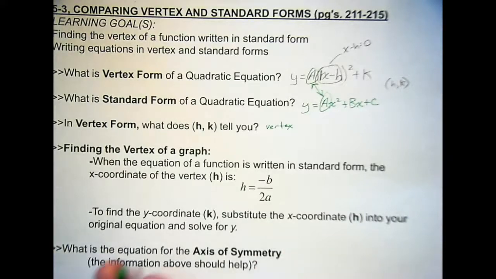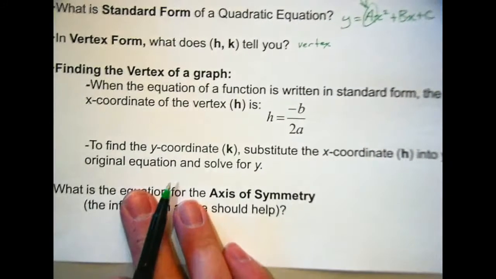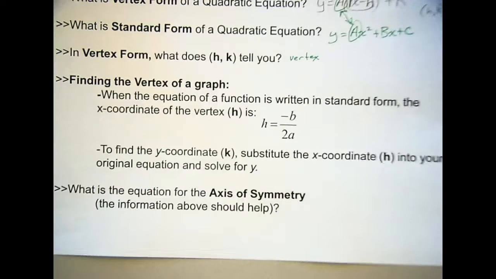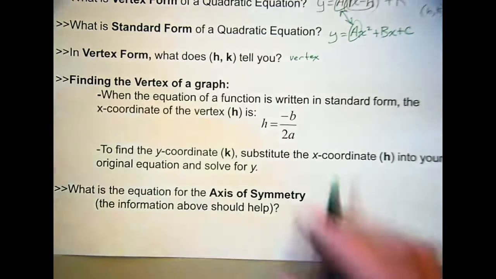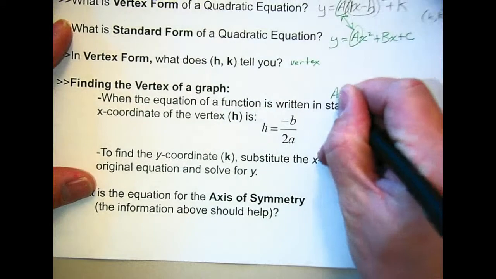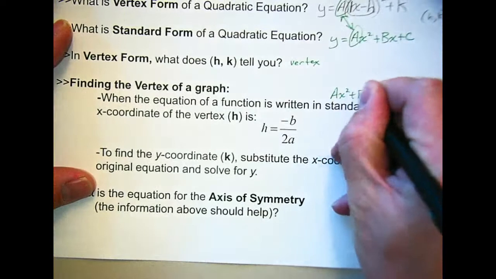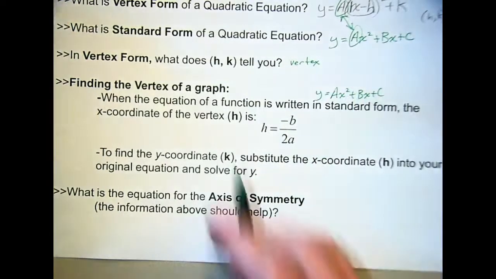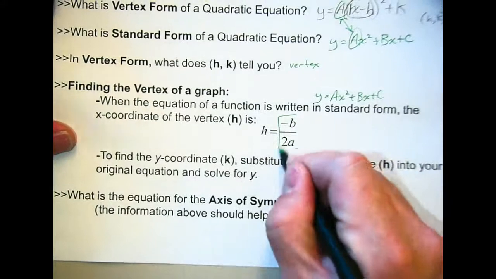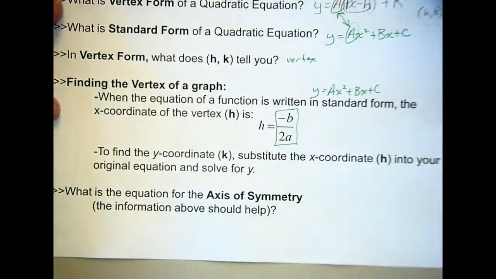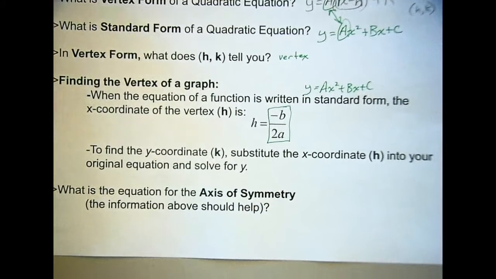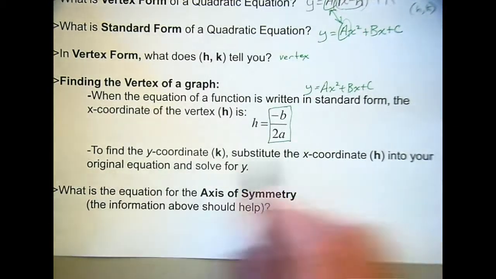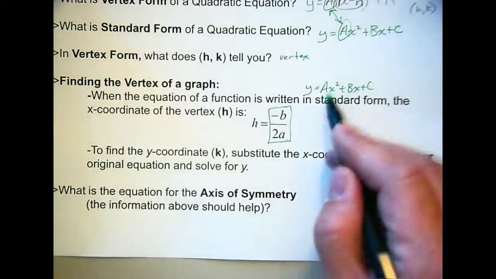Other thing we talked about last week, finding the vertex of a graph. When the equation of a function is written in standard form, so when it's in that ax squared plus bx plus c form, we could find h by doing the opposite of b over 2a. That's what we worked on Friday. To find our k, we then substitute this into that equation.